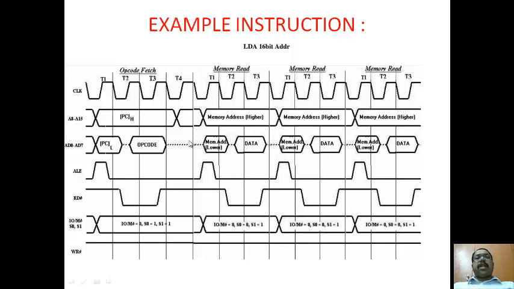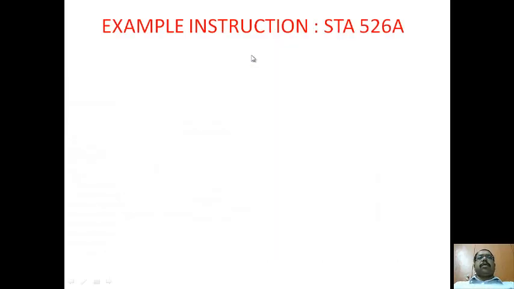Okay, first work is done. Then again ALE is brought high, and once ALE is high it carries the address. Then you bring ALE down and you get data. This data is the 16-bit content split up, first part, then second part, and finally from the memory location the data is transferred to the accumulator.